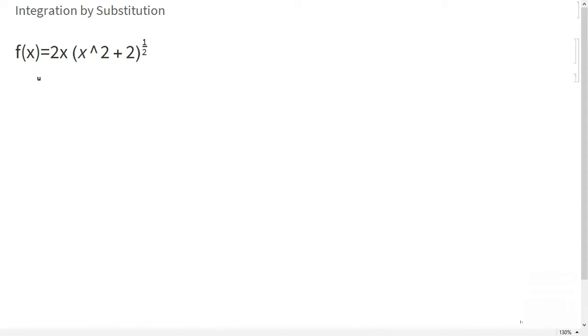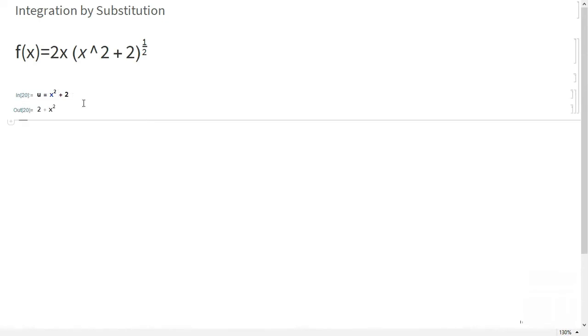Let's take u equals x squared plus 2. Let's try to run this.